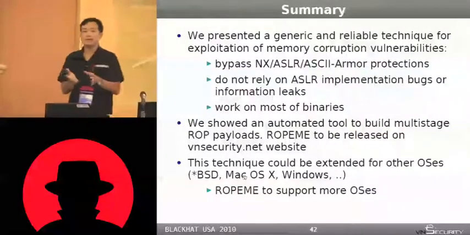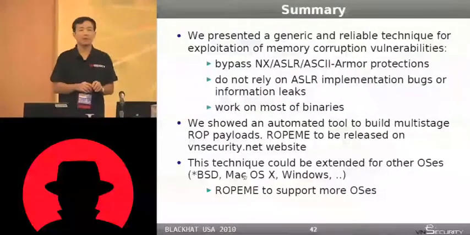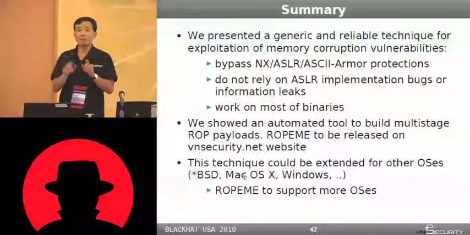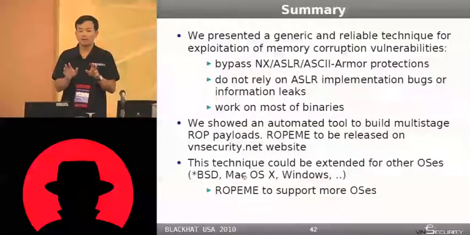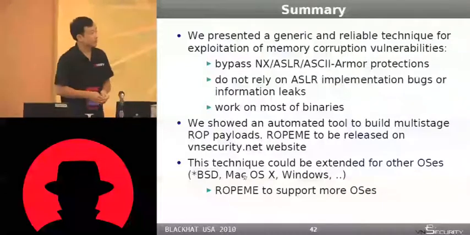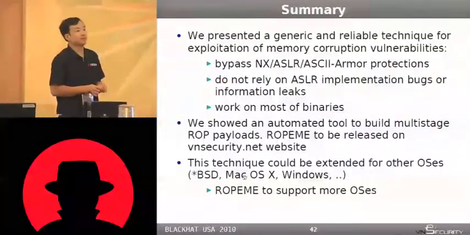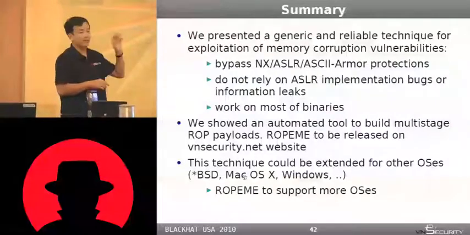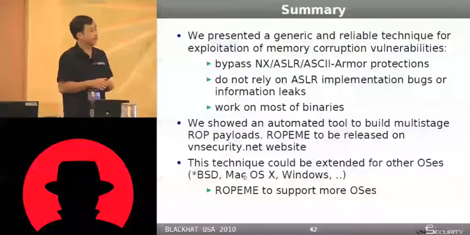It does not need help from another information leak bug, and it can work on most binaries. So buffer overflow can now be exploited on Linux. And we have shown that an automated tool can be built to generate the ROP payload. It can be easy.